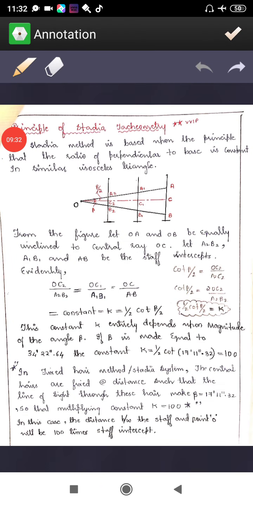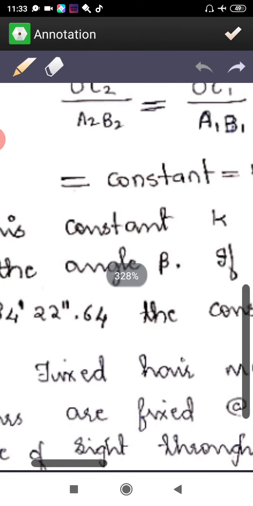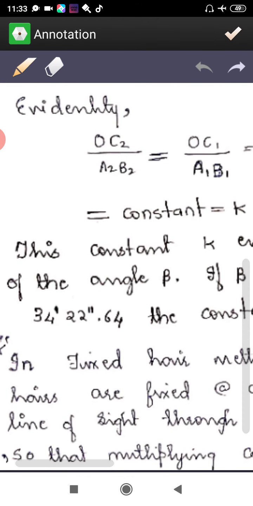Now what are we going to conclude from this derivation? If the angle between the hairs equals 17 minutes 11 seconds 0.32, and the whole angle is 34 minutes 22 seconds 0.64, then only is it possible to get K as 100 and C as 0.